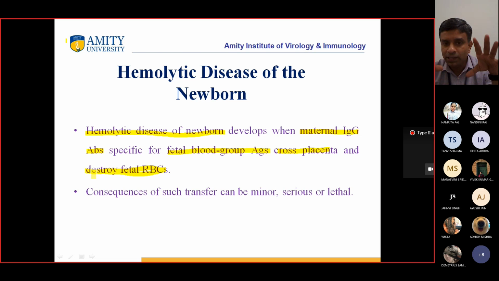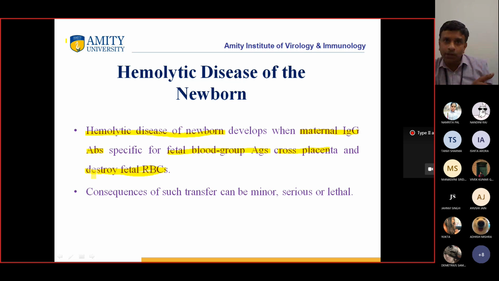The mother has the antibodies. Where is the antigen? It is on the blood of the fetus. When we talked about antibodies, I said some types can cross the placenta.